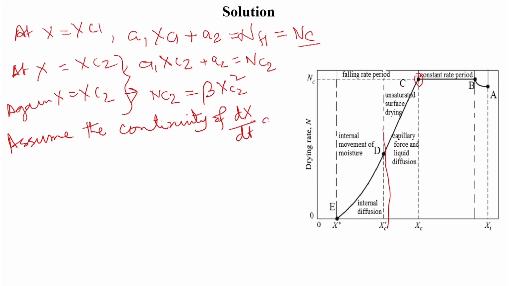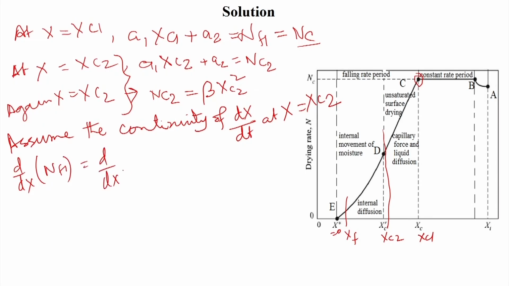So, at x equal to Xc2, with the points Xc2, Xc1, Xi, and Xf, where x star equals 0, the derivative d dx of NF1 is equal to d dx of NF2 at x equal to Xc2.